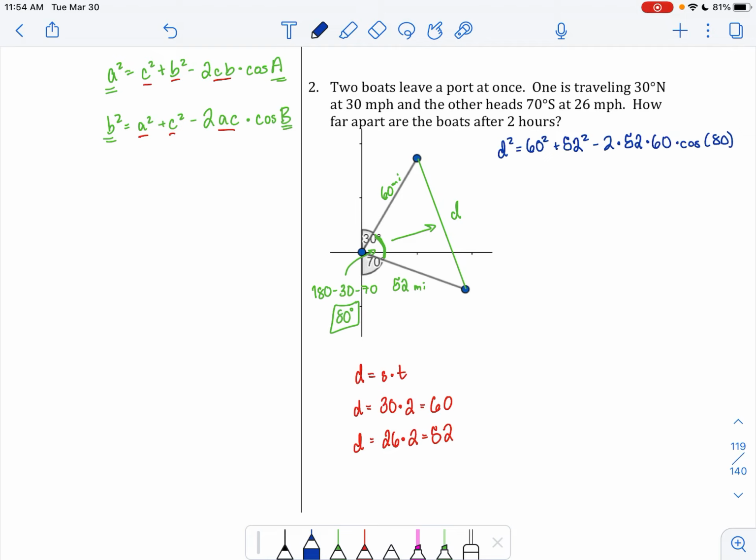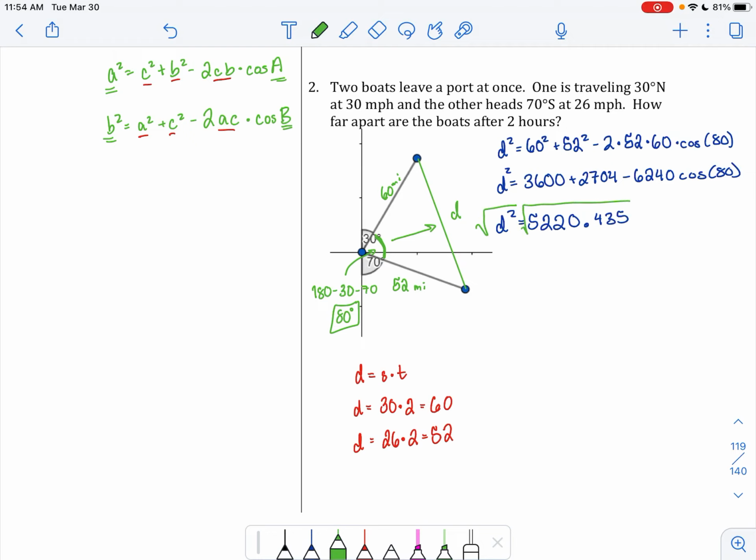So again, make sure that your calculator is in degrees or convert it. Now I will use my calculator to simplify as far as I can. d squared is then equal to 3,600 plus 2,704 minus 6,240 cosine of 80. So that means that d squared is equal to 5,220.435.